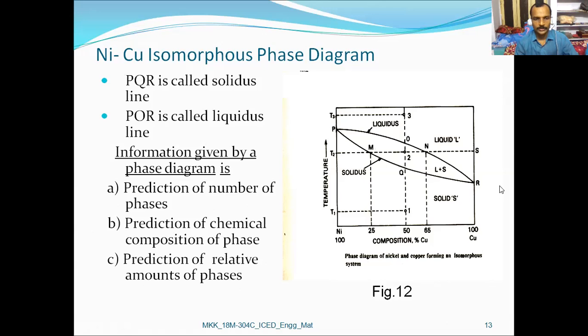Then prediction of the relative amounts of phases. First, how many phases do we have? Second, what is the chemical composition of each phase? Third, the relative amount of phases.